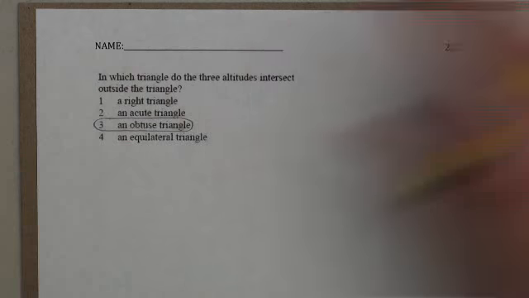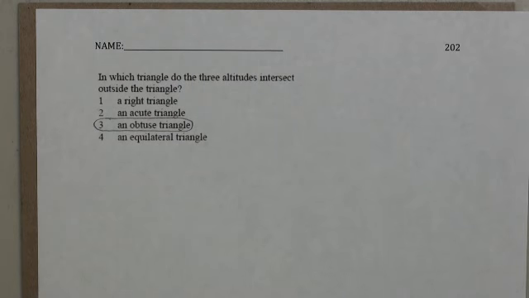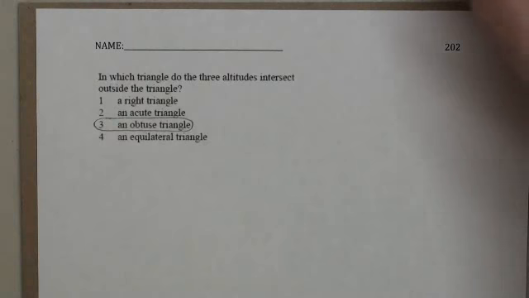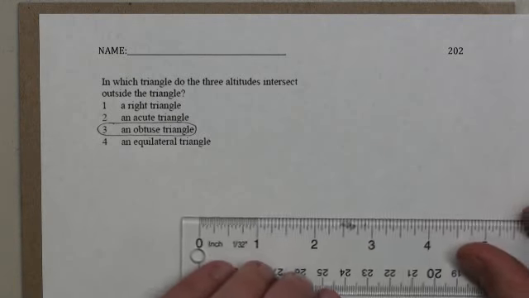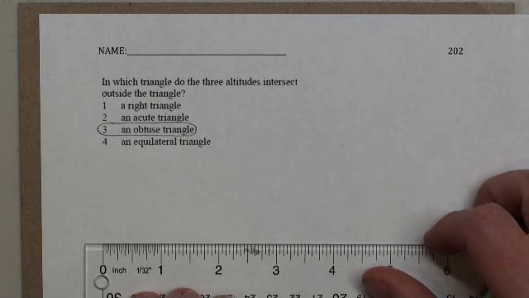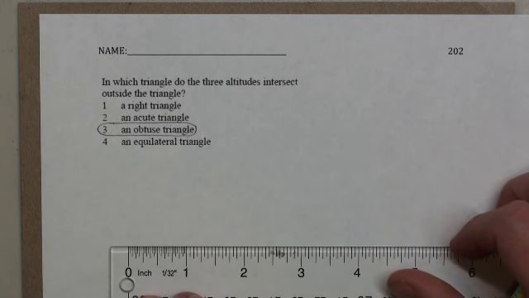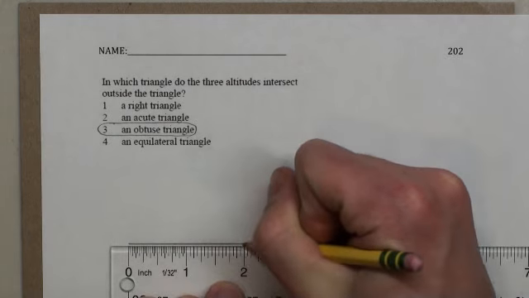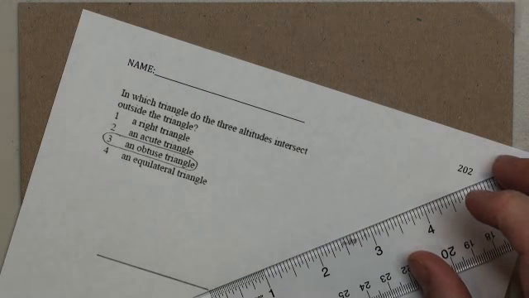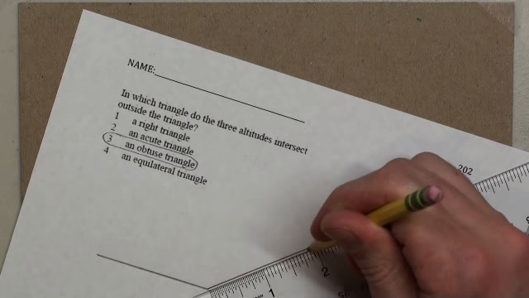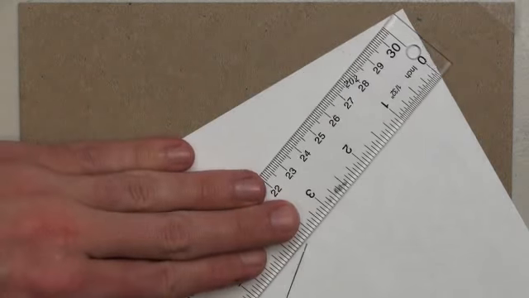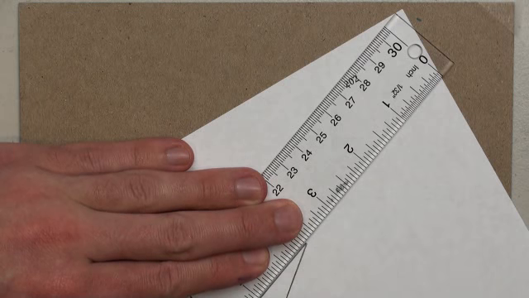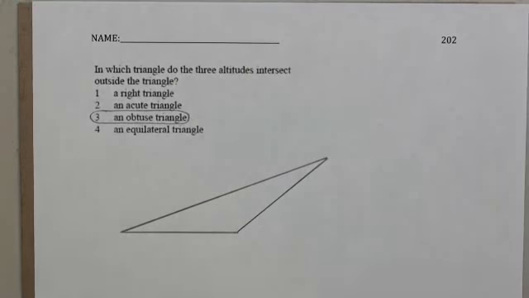Now, for this one, for number 202, I just want to come back to that for a second. We really need to put on this page the picture, the orthocenter picture. So what we need to do is, okay, we need to draw an obtuse triangle, any obtuse triangle will do.